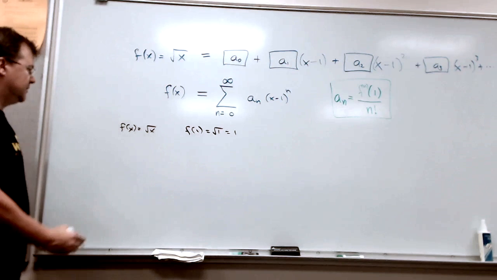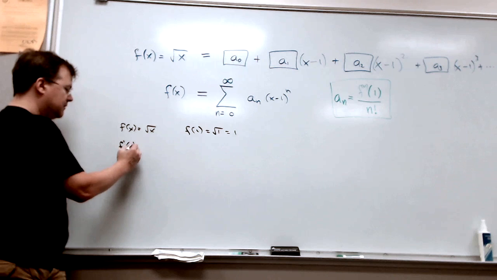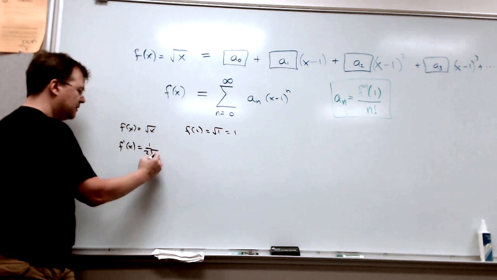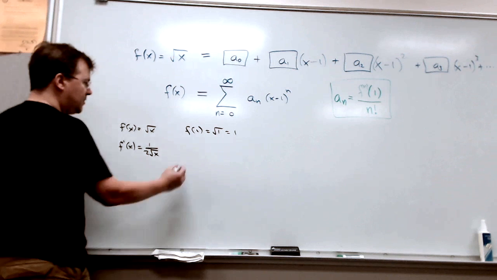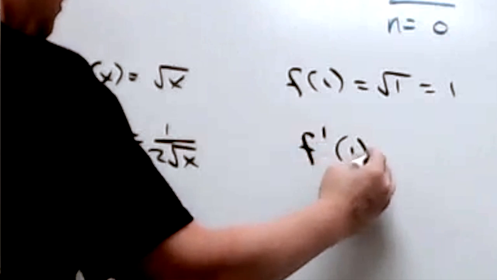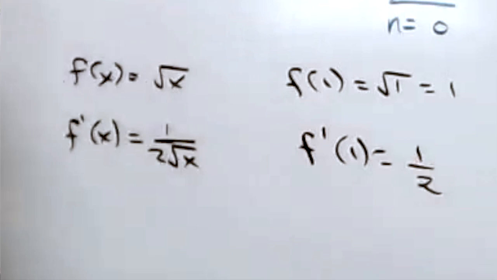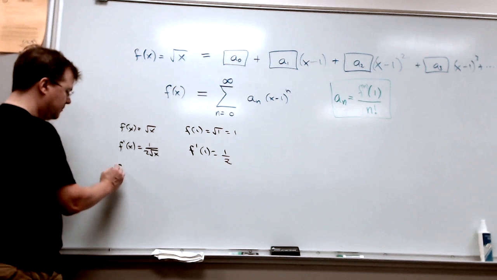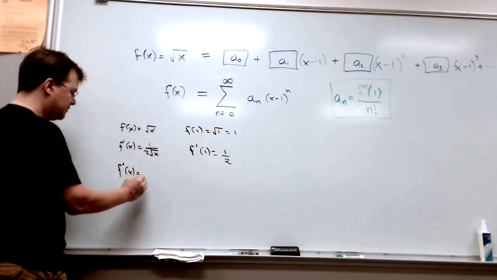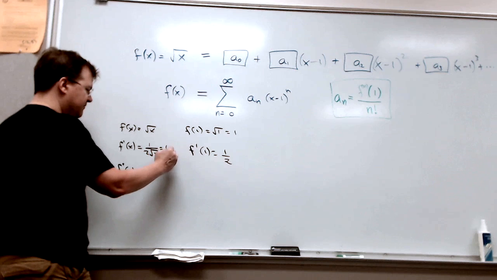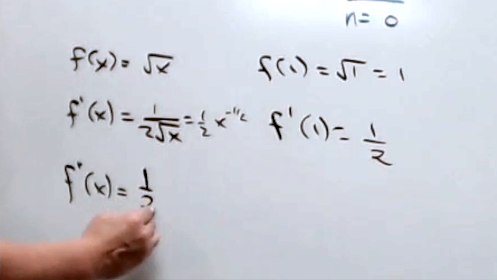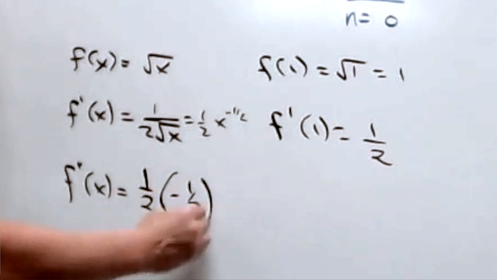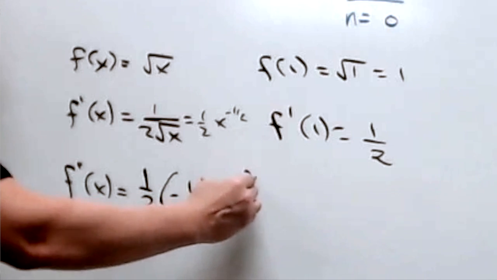The derivative, using the power rule, you get that. You plug in 1, and you're going to get 1/2. The second derivative, think of this as 1/2 of negative, that's going to be negative 1/2 times 1/2 times x to the negative 3/2.